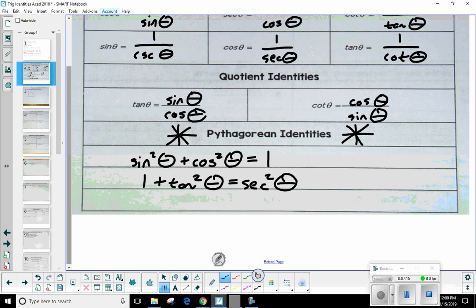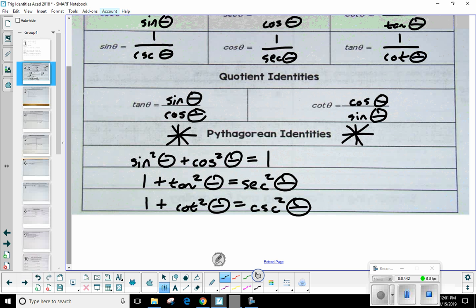The variable itself does not matter. That has no bearing on the identity. So the last one here is 1 plus cotangent squared of theta is equal to cosecant squared of theta. Probably the most useful identities you're going to have will be the Pythagorean identities. It's going to be these three right here.